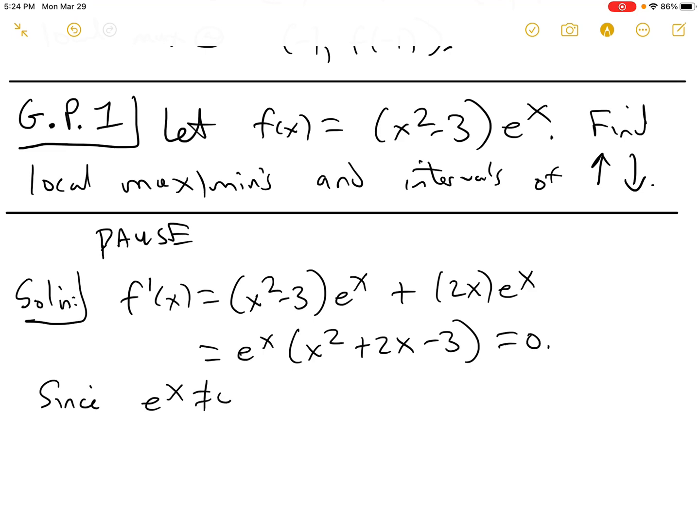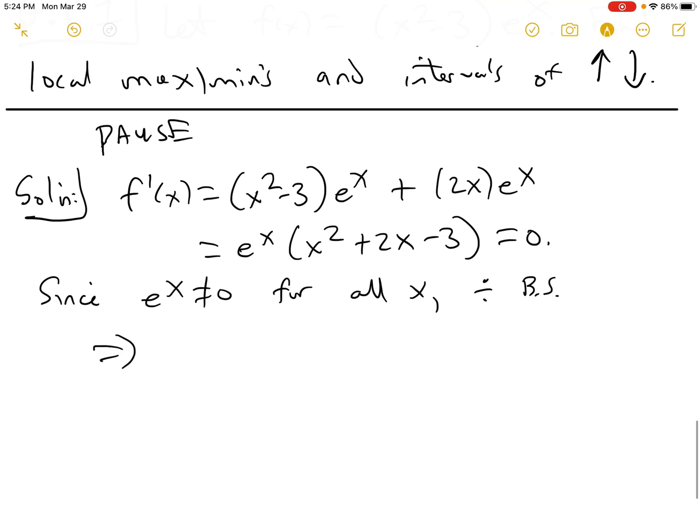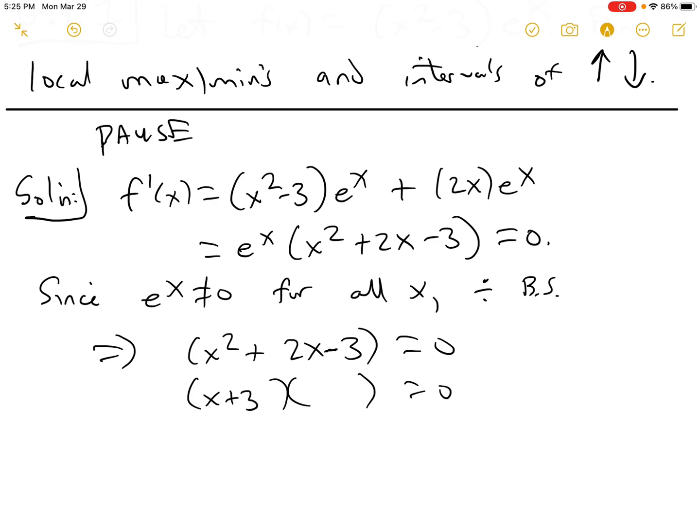Now, since e to the x is non-zero for all x, you can divide both sides of the equation by it. And you get just the polynomial, which conveniently factors. Is that right? Yep. And gives us the critical points, -3 and 1.